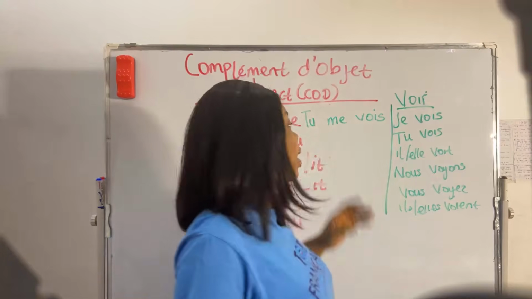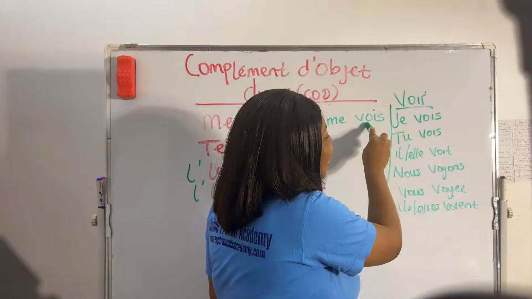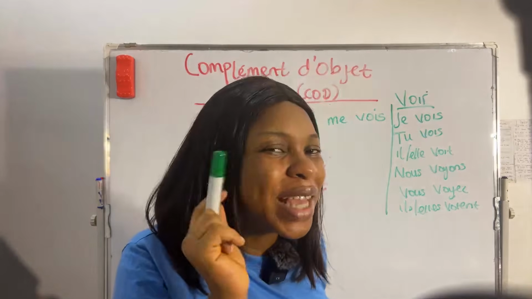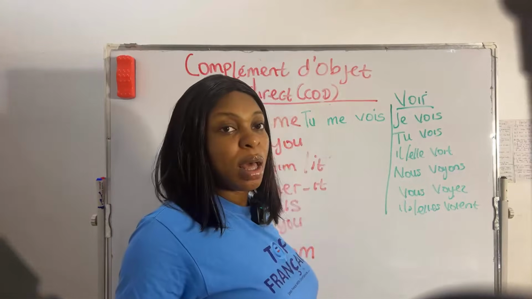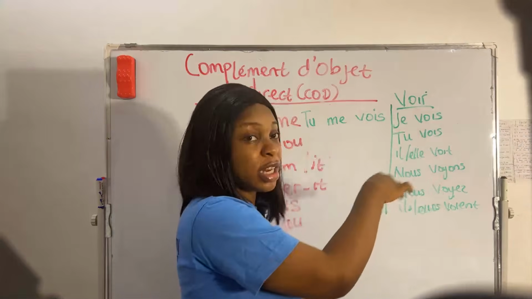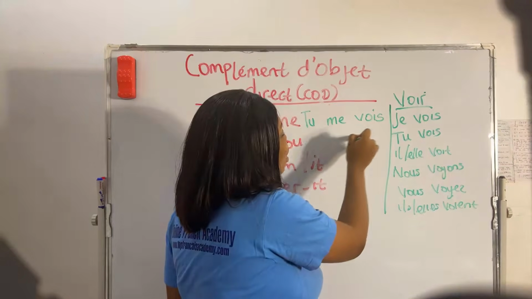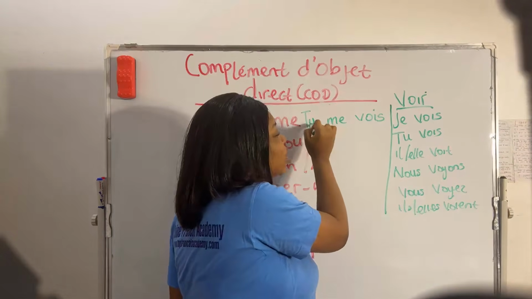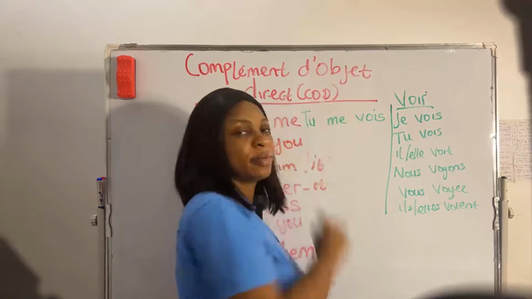Now, let's look at another thing. I want you to know that the verb is always conjugated according to the subject. Take notes. I repeat, that's why I conjugated this verb for you here, because we're going to use a lot of it and I want you to understand very well. So the verb is always conjugated according to the subject, not according to the COD.